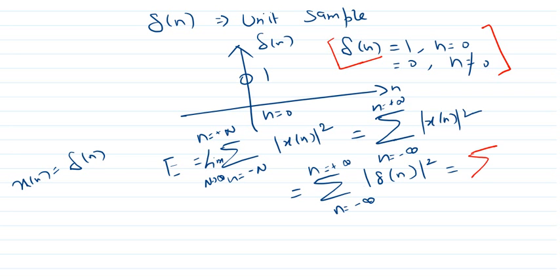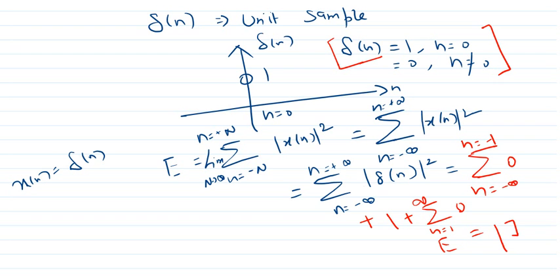From n equals minus infinity to n equals minus 1, we will get 0. At n equals 0, the value of delta[n] is 1, so we put 1 here. Then from 1 to infinity also we get 0. So our solution is 1. The energy is basically 1 joule.